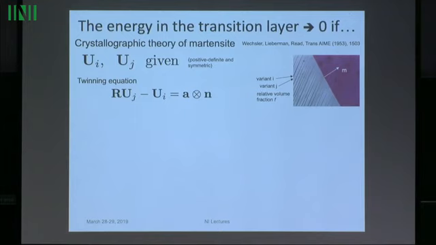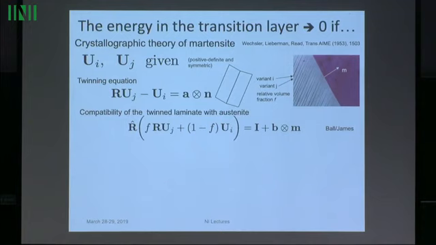Let me first say a little bit about the algebra. I said that if you get everything right, this m and so forth, you can drive the energy in this transition layer to zero. The condition is that the average deformation gradient, which is written here, of this laminate has to be compatible with the identity.